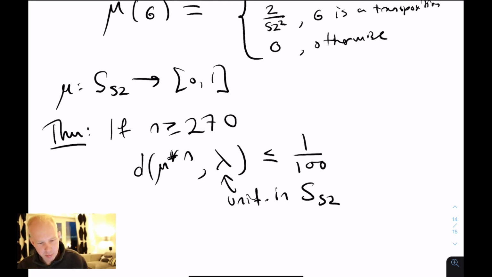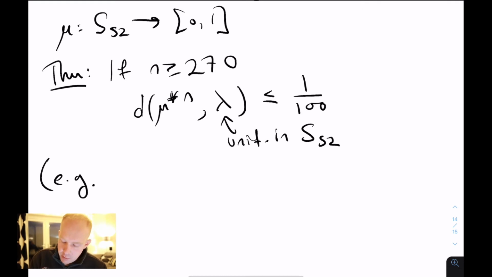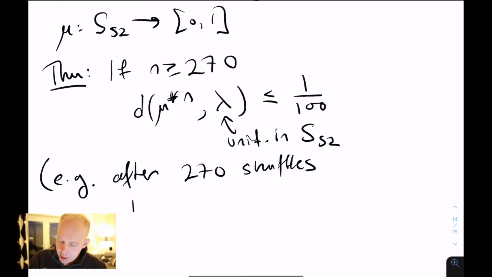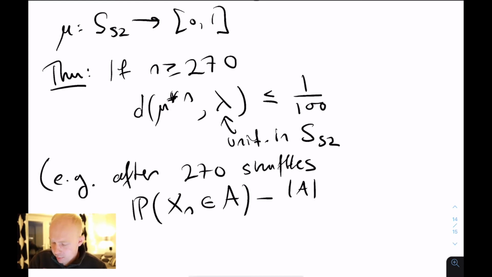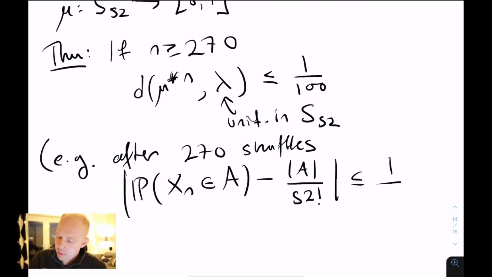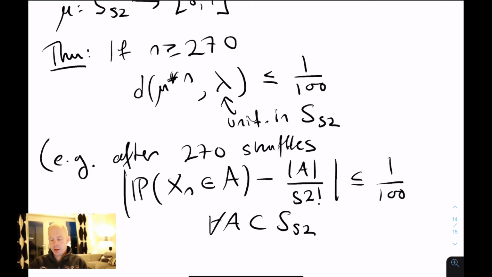You can actually get it to be exponentially small in n, since there is a spectral gap, but in particular after 270 shuffles you are always this close to the uniform distribution. Remember that if you take the random walk given by this, then after 270 shuffles, the probability of the corresponding random walk in the group being inside A, compared with the size of A over 52 factorial, which is the size of the group, differs by less than 1 over 100 for any A in S52.